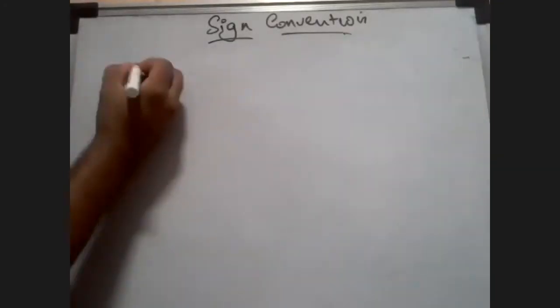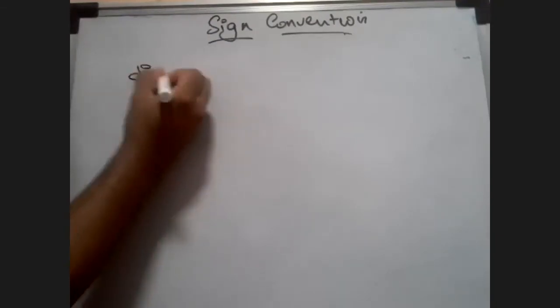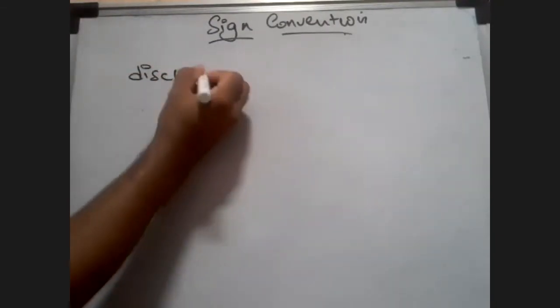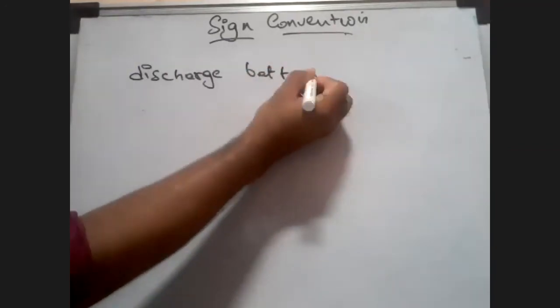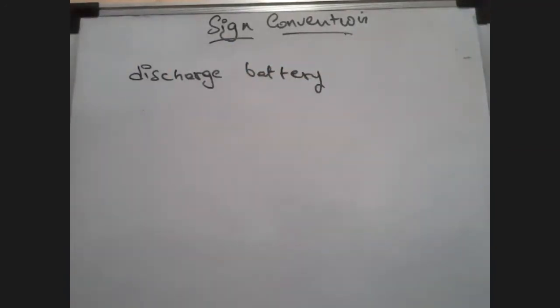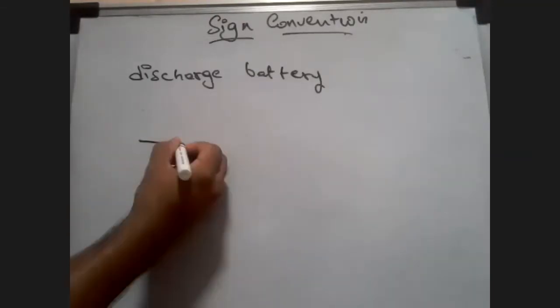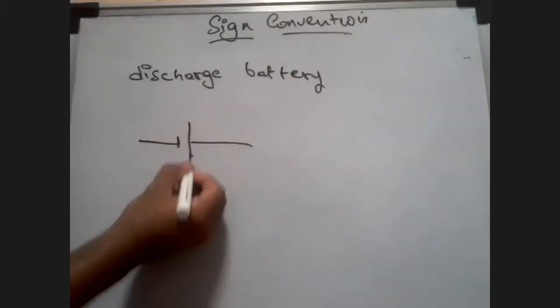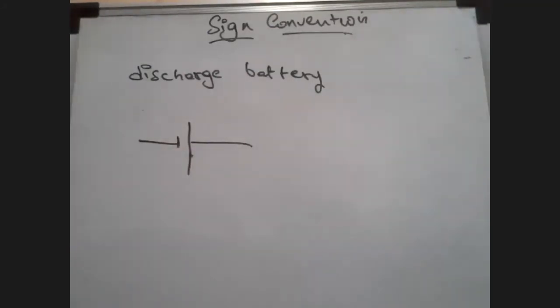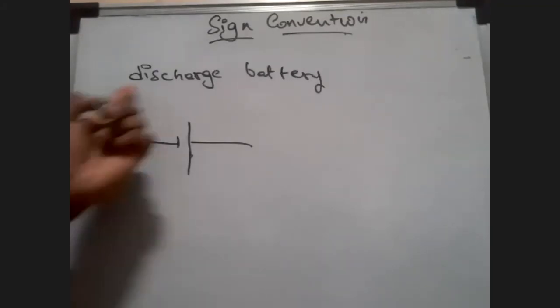Let's talk about a condition called a discharging battery. When I say discharging battery, will the current from the battery be flowing towards it or away from it? Out of the battery.